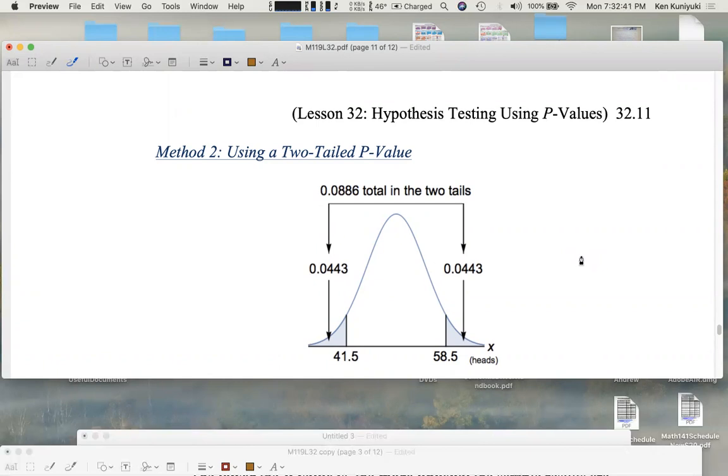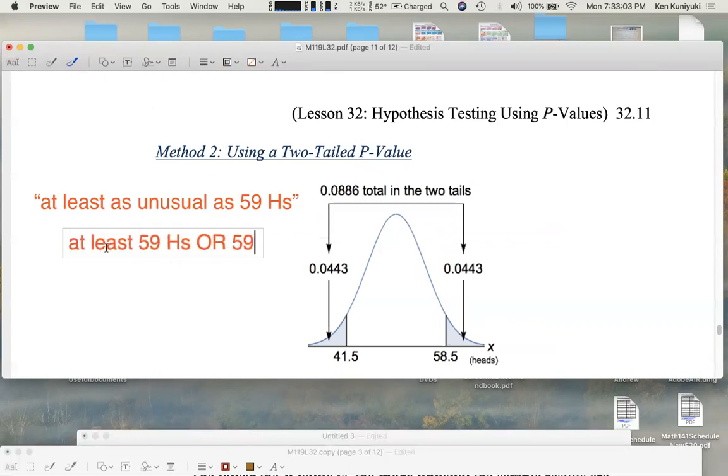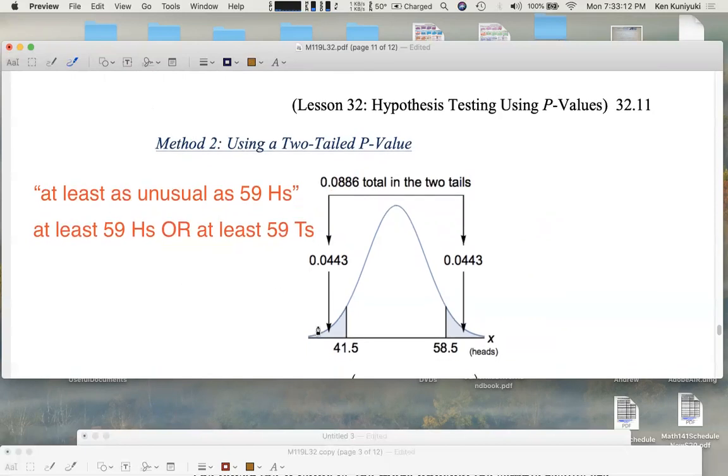Now in method 2, at least as unusual as 59 heads is going to mean getting at least 59 heads or at least 59 tails when you flip this presumably fair coin 100 times. It's a two-tailed analysis.